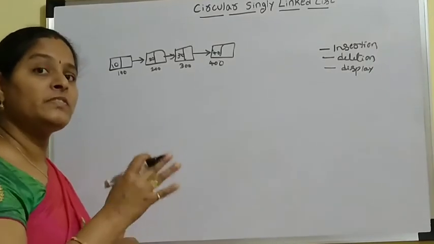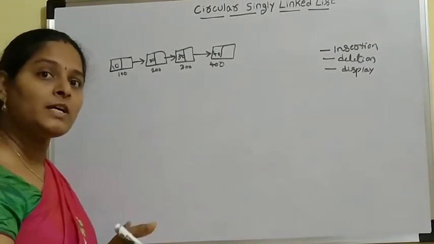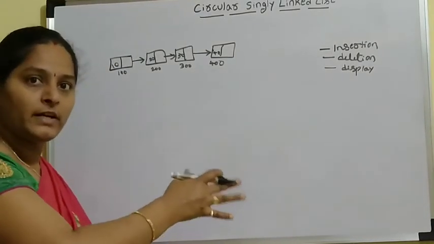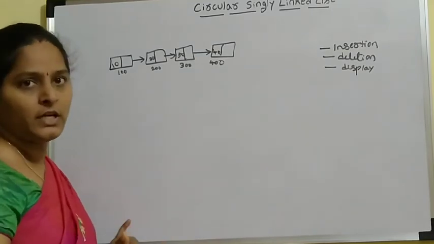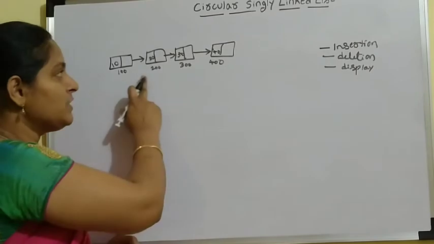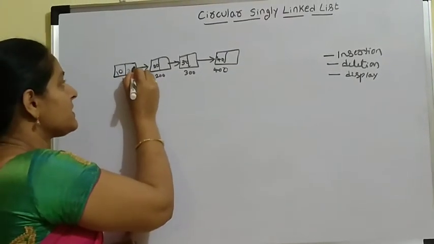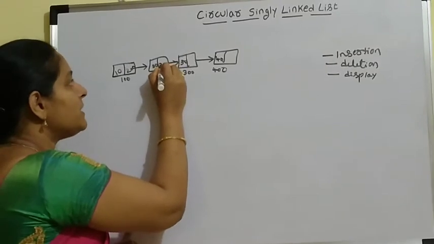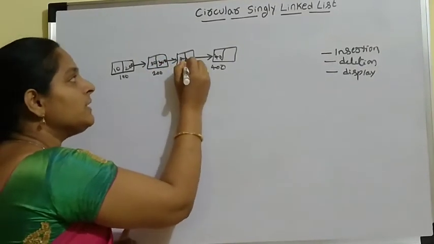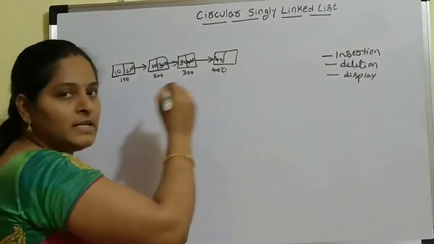Suppose the first node is stored at address 100, the second node may be stored before the 100 address or after it also. Just for the example's sake, I am taking these fixed addresses. So the first node's next part contains the address of the second node, the second's next part contains the address of the third node, and the third's next part contains the address of the fourth node.